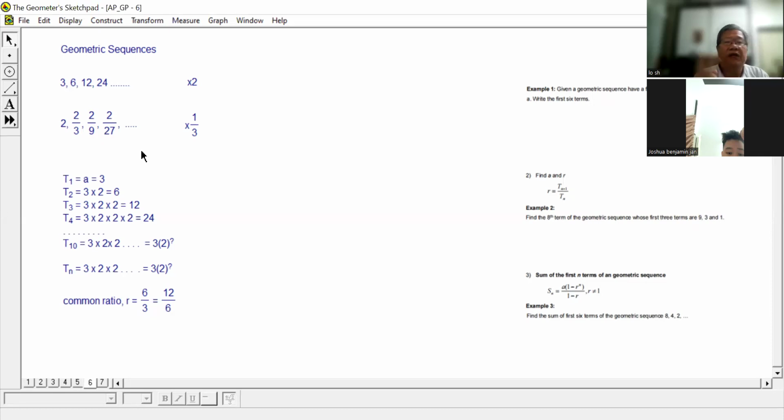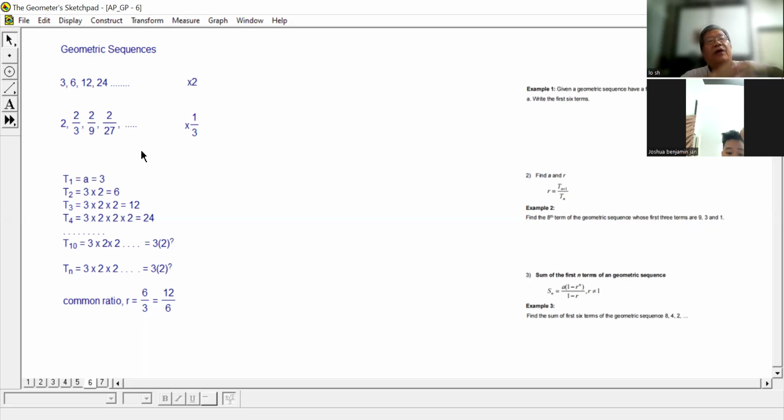So now we have two types of geometric sequence. The first one, the value becomes bigger and bigger. The second one, the value becomes smaller and smaller. The first one, you multiply with a number bigger than 1. The second one, you multiply with a number smaller than 1. That's how we get this.